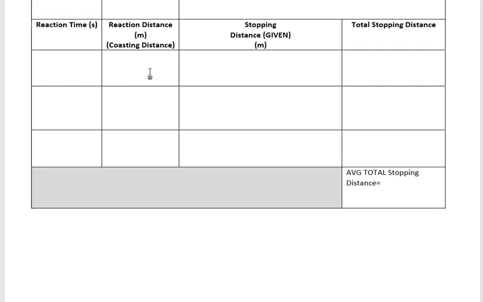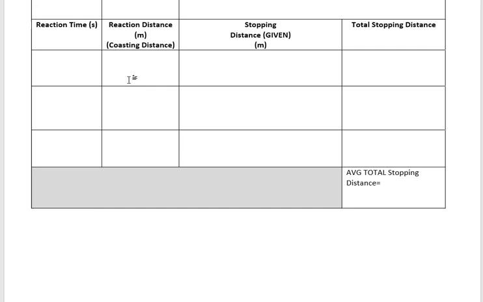And then we're going to calculate the reaction distance. Now, for this, you're going to use the 50 mile per hour calculation that we did, and we converted that to meters per second, and that will be 22.2 meters per second.